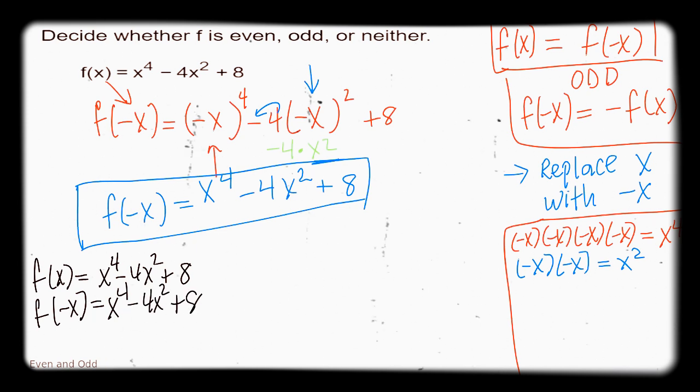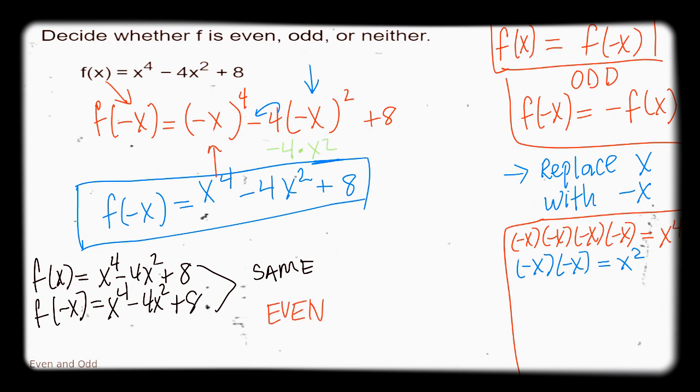So these two are the same. Therefore, since f of x and f of negative x are equal, the function is even.